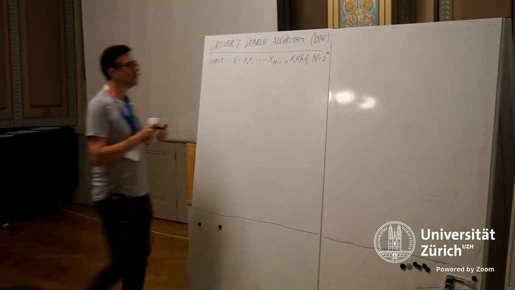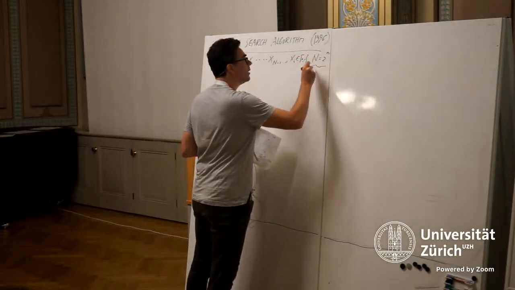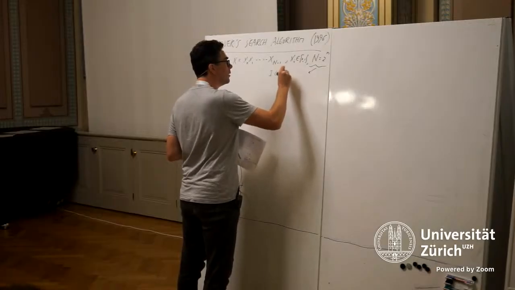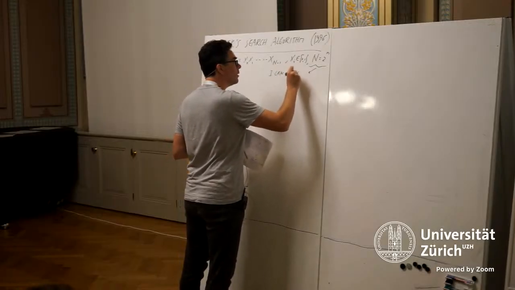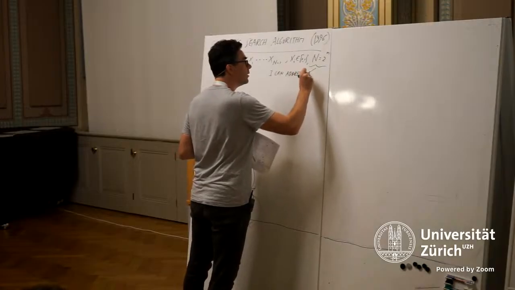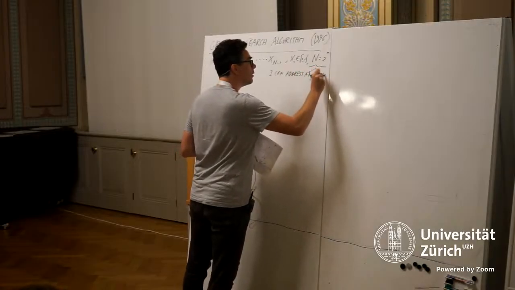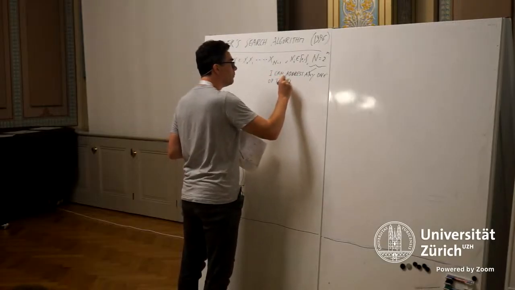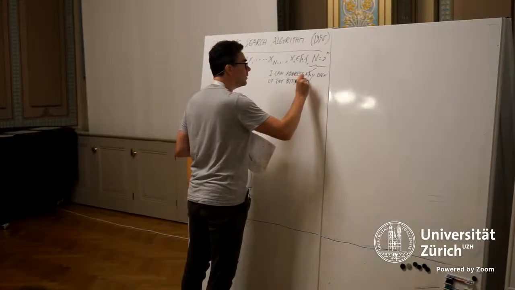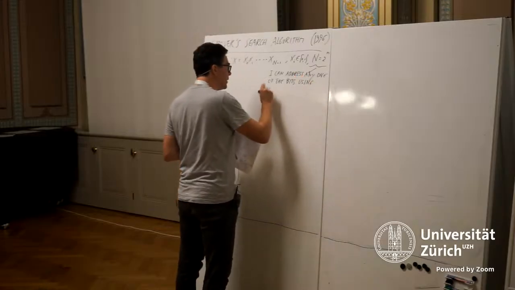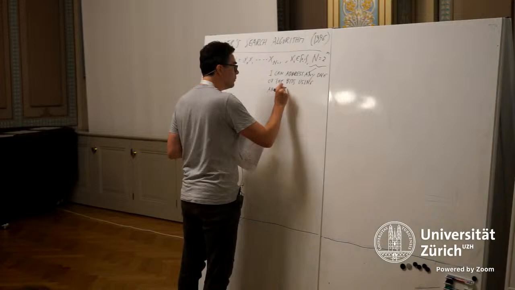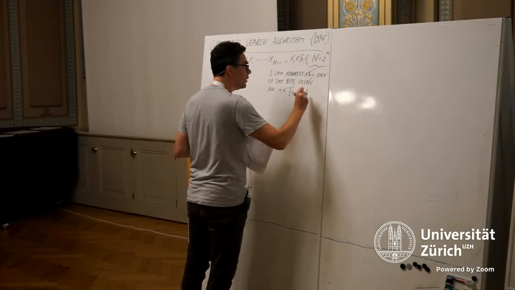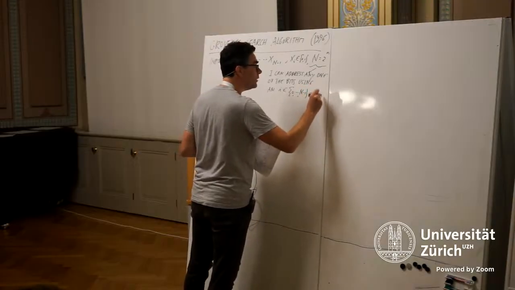This has the advantage that I can address any one of the bits using an i, which you can think of either as an integer between 0 and capital N minus 1, or as a string of little n bits.